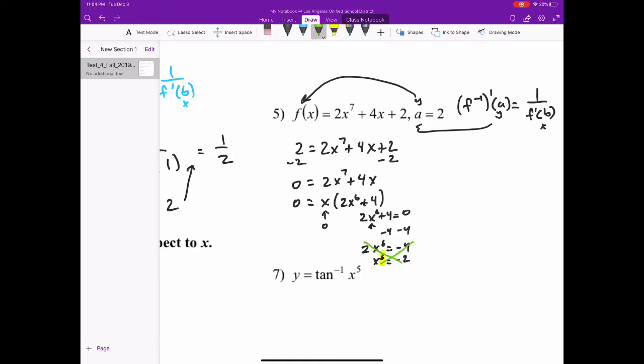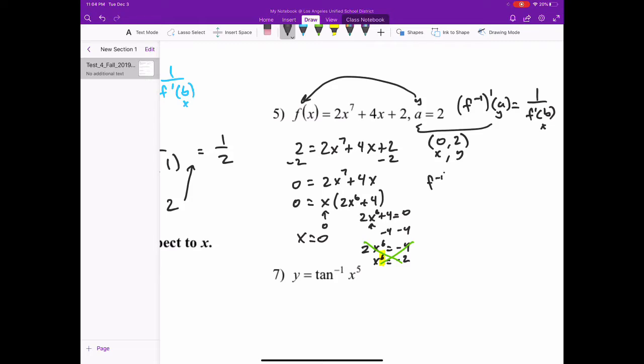So this doesn't give us any real numbers. So our only answer here is x has to be 0. Okay, so now that we have our x and y value, where y was 2 and x is 0, let's go ahead and fill out our identity.